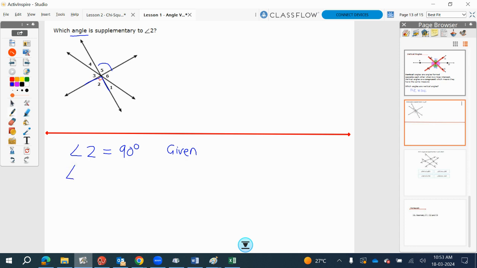We can say that angle 2 is congruent to angle 5. Why? Because these are vertical angles, which implies that they're congruent.